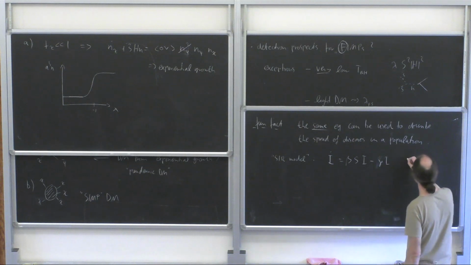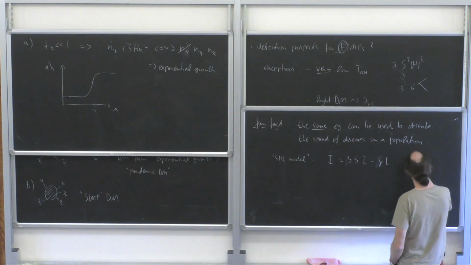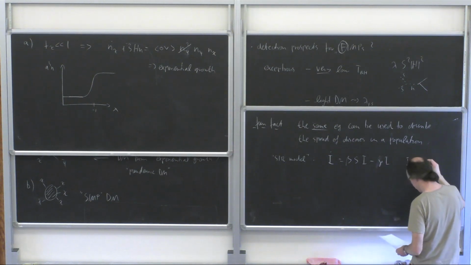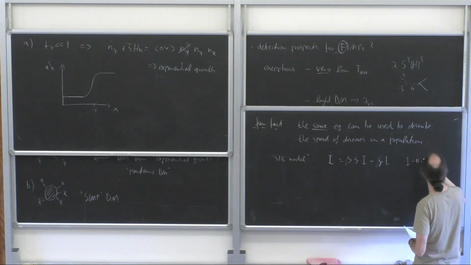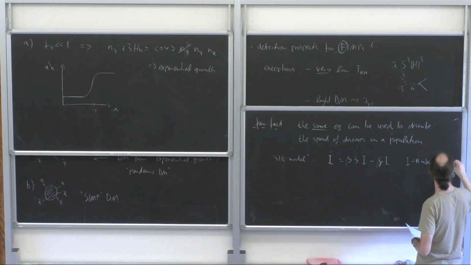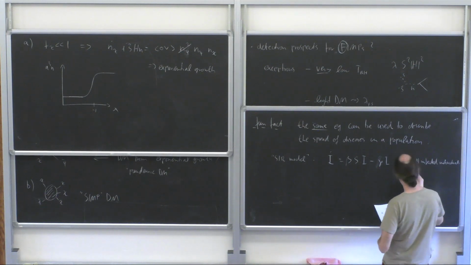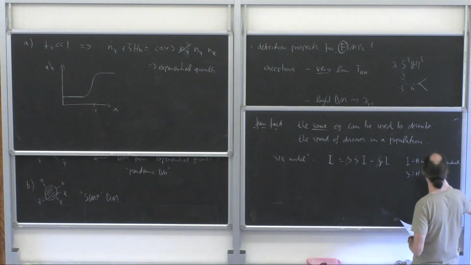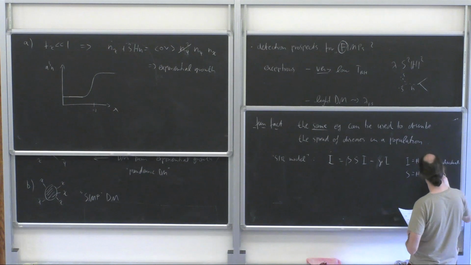So I should introduce all these things. So I is the number of infected individuals. S is the number of susceptible individuals, so those that still can be infected.